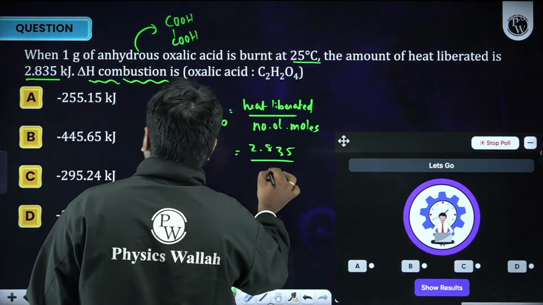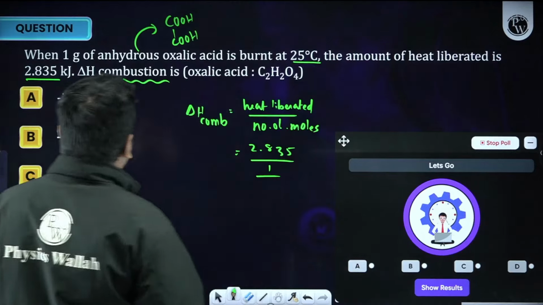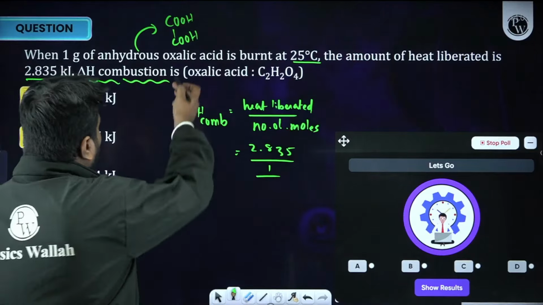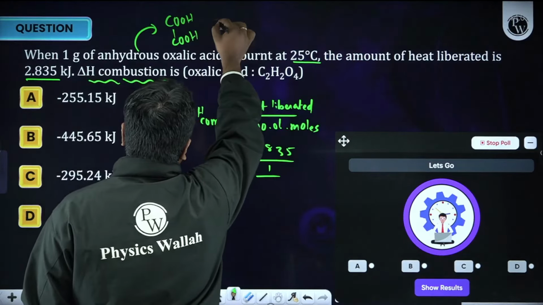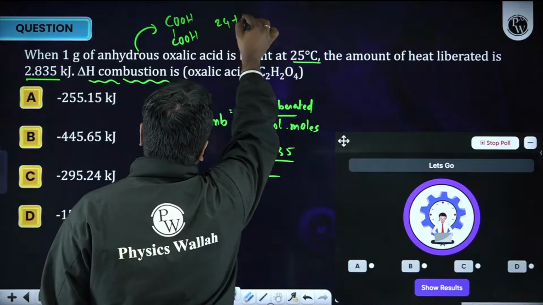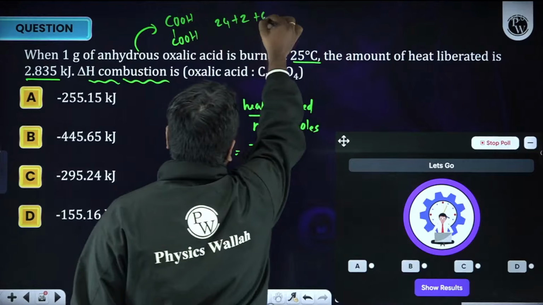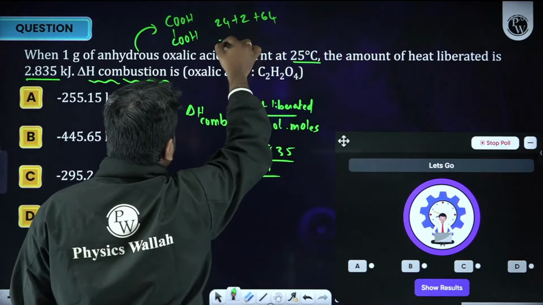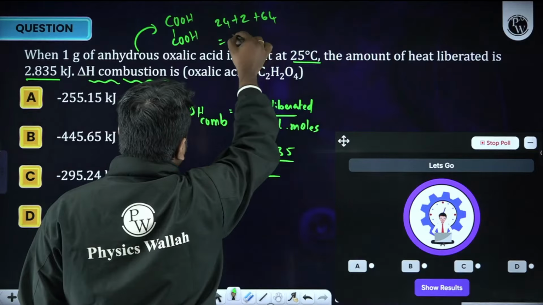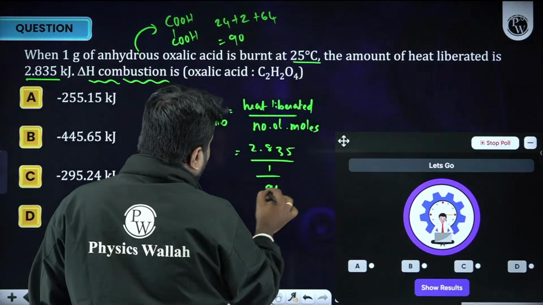Number of moles: 1 gram divided by the molar mass of oxalic acid. 12 twos are 24, plus 2, plus 4 oxygen, 64. So 90. Yes, 90. 1 by 90.